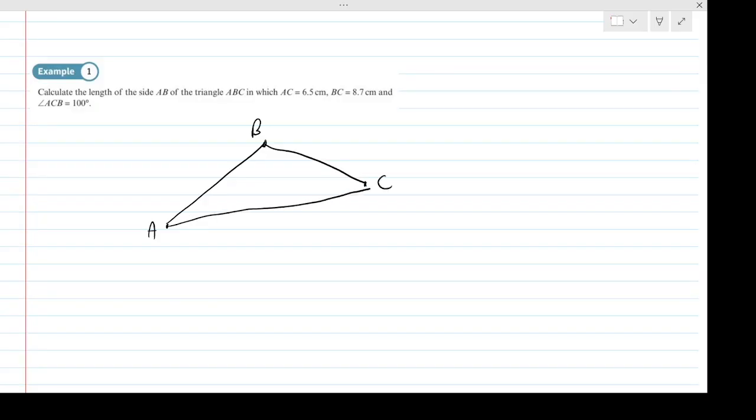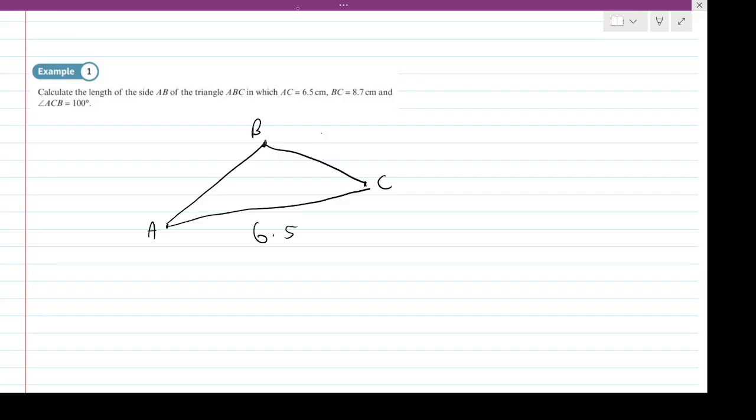So then A to B, we need to find AB. We can call that X if we want, but it's up to you. Then we have AC, which we're told is 6.5, and BC is 8.7. So it's a bit off on the sketch, the lengths aren't really representative, but it doesn't really matter.